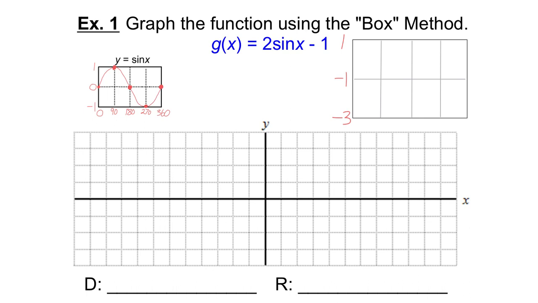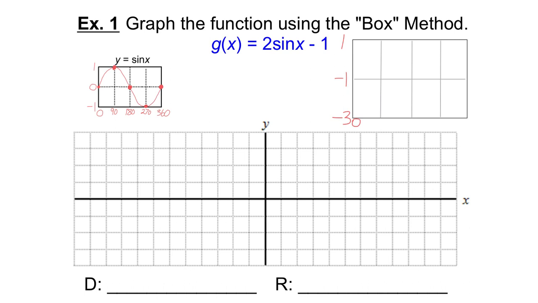Now let's think about the start and the end of the cycle. Well, have we moved left or right? No, I don't see a d value in there. So my starting point is at the same spot. I'm going to start at 0. And has the period changed? Well, no, because I don't see a k value in here. k value dictates the horizontal stretches or compressions.